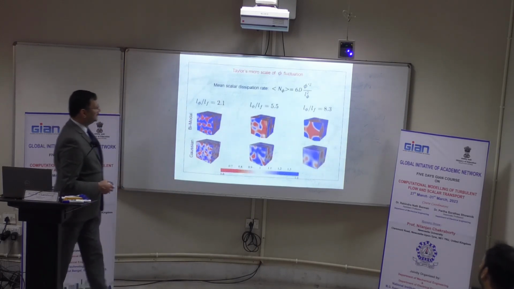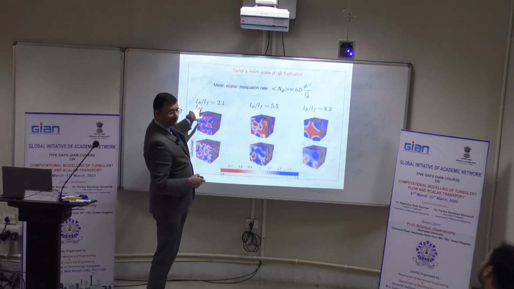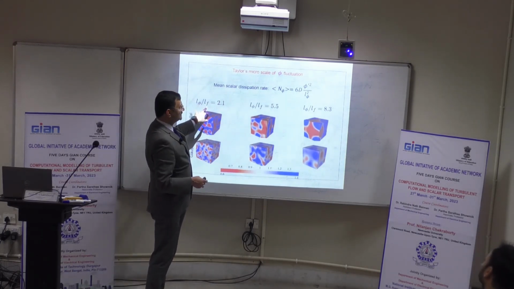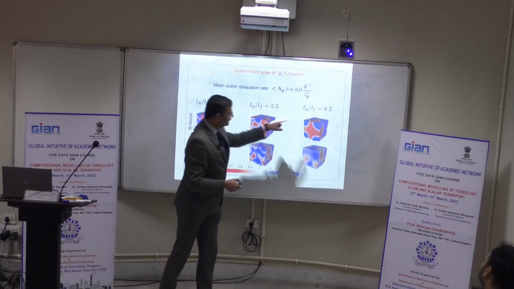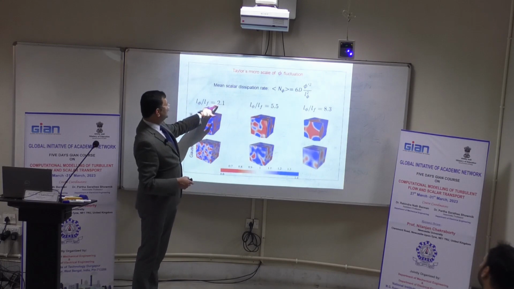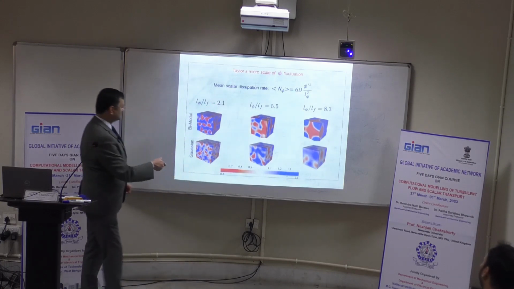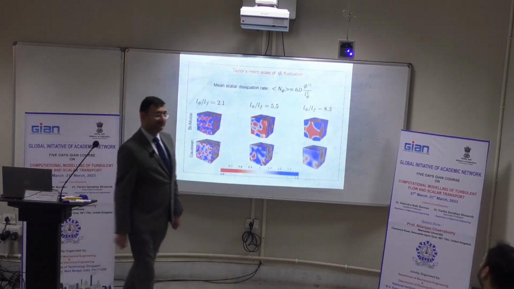You can actually appreciate, depending on, this is some kind of reference length scale, so don't worry about it, but just look at these things. The L value does not change, but if you change the scale, the distribution will look different.